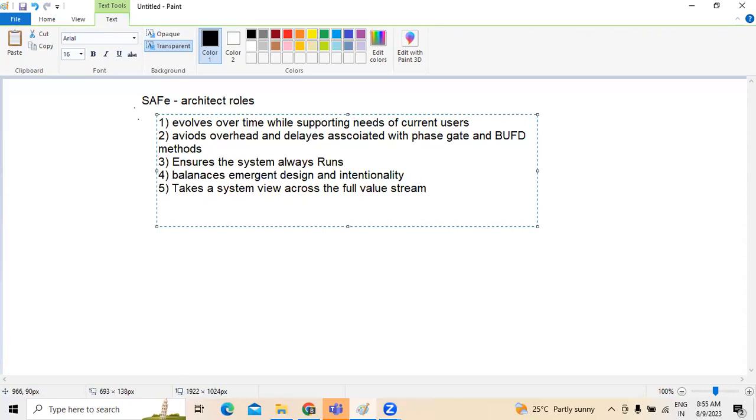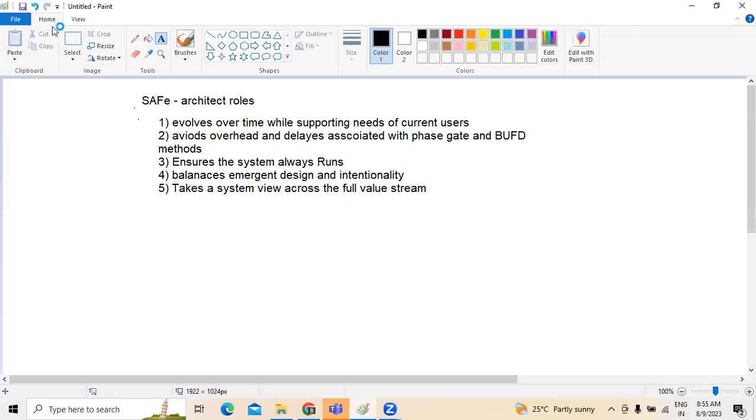So these are a few understandings in reference to agile architecture and continuous flow. In regard to this, today I'm going to explain the different Scaled Agile Framework architect roles, which are divided into three different things.